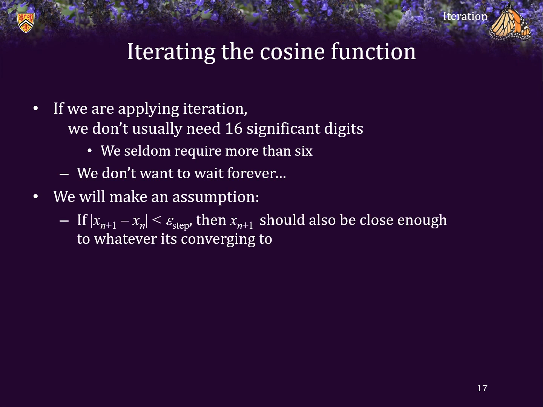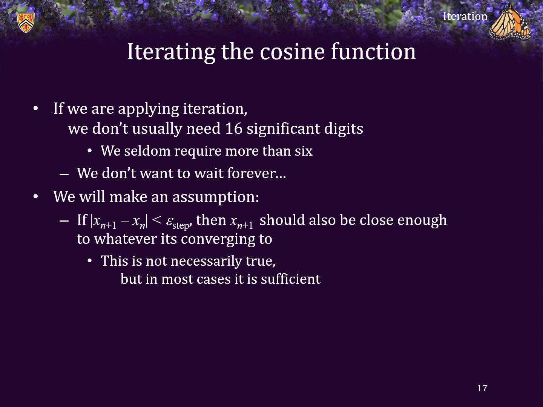We are going to assume that if two successive approximations are close enough, that is, less than some step tolerance, then our most recent iteration should also be close enough to whatever it's converging to.